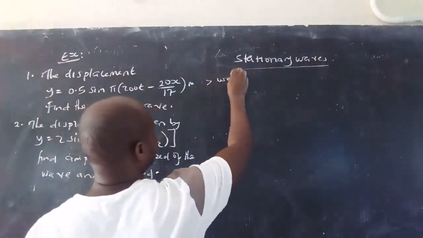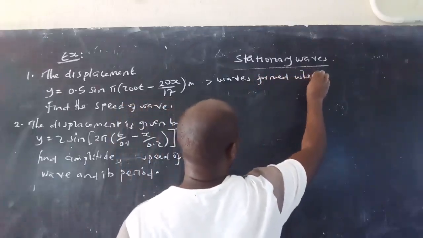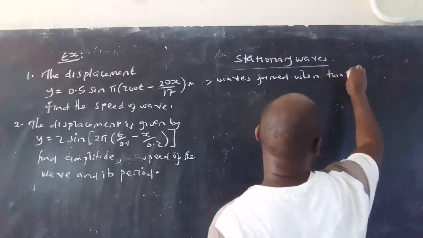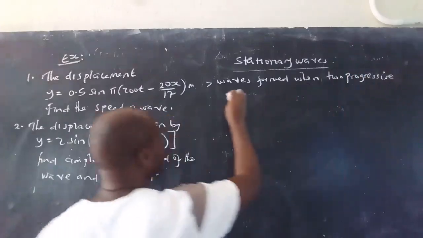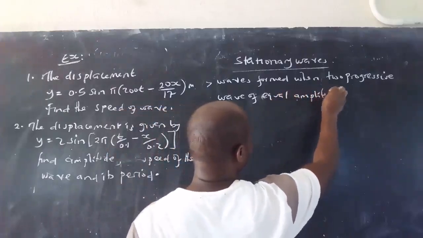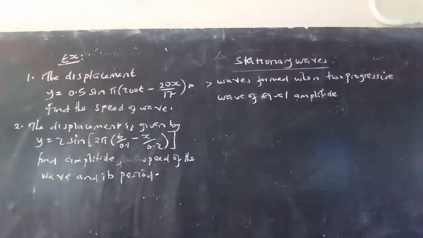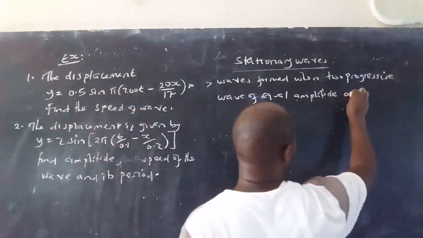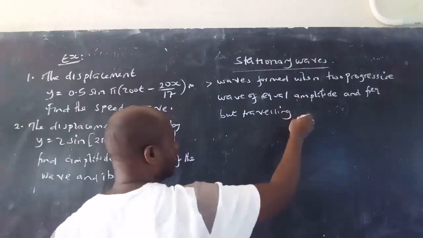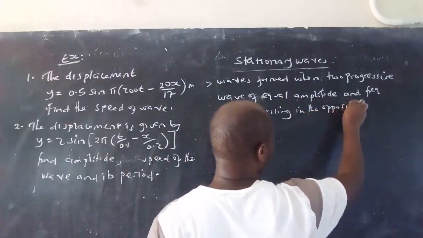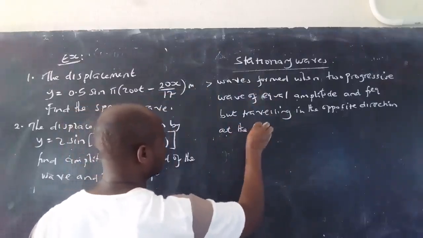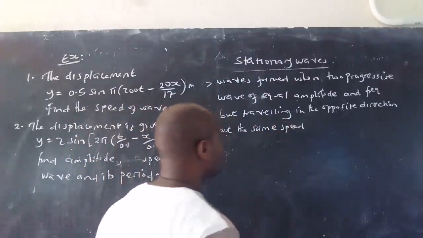We said these are waves formed when two progressive waves of equal amplitude and frequency, but traveling in the opposite direction at the same speed, superimpose.